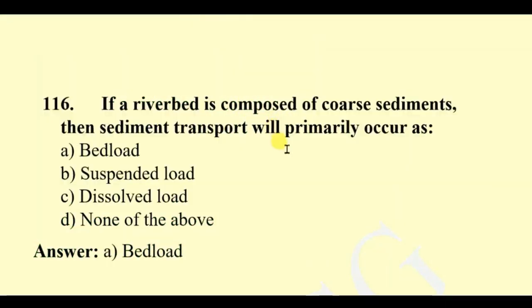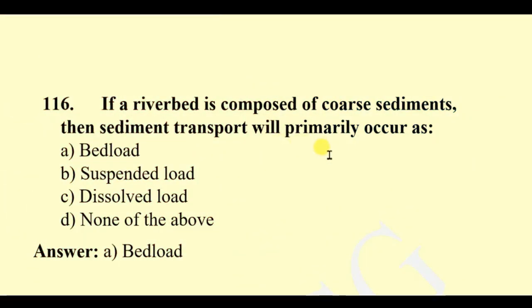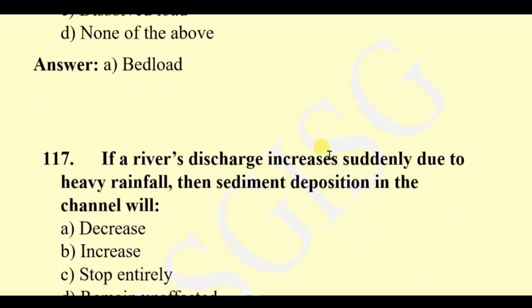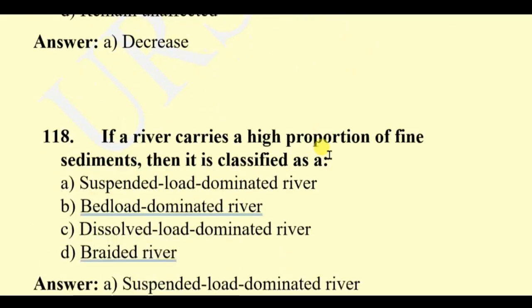If a river bed is composed of coarse sediments, then sediment transport will primarily occur as bed load. Question 117. If a river's discharge increases suddenly due to heavy rainfall, then sediment deposition in the channel will decrease, meaning most of the sediment will be transported.